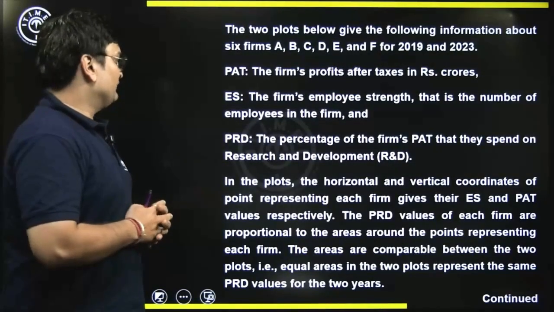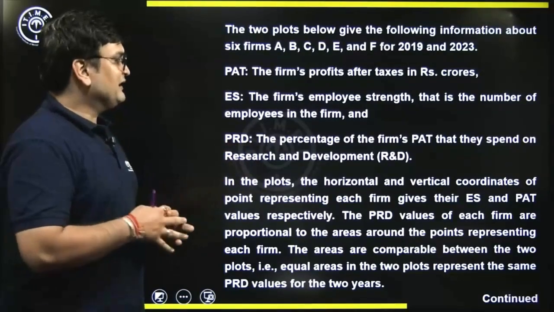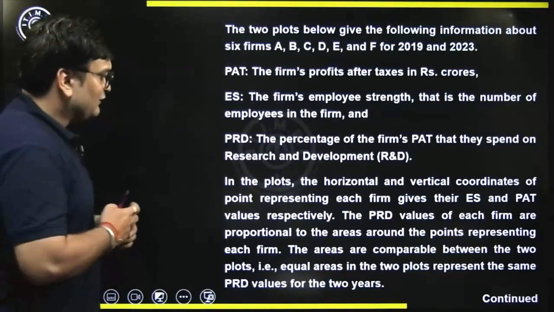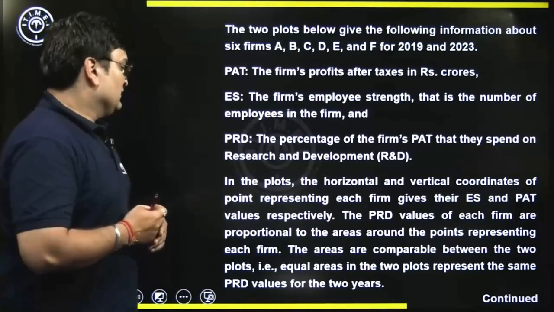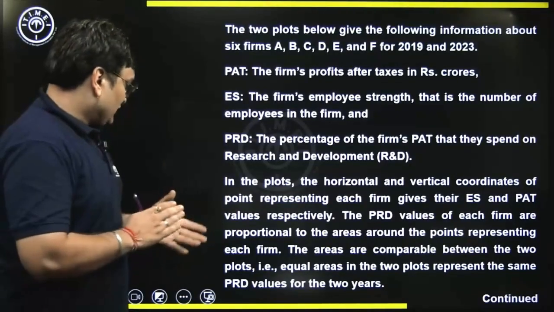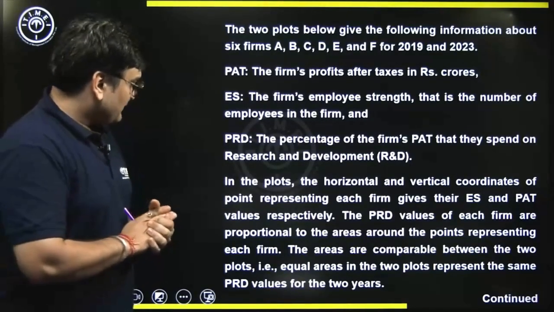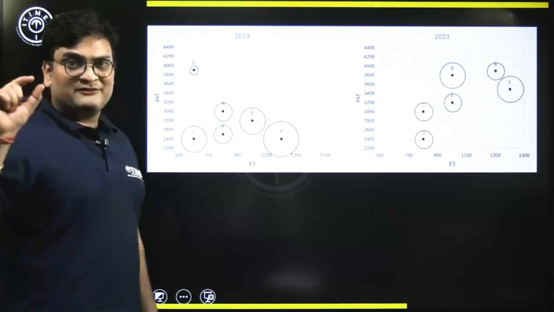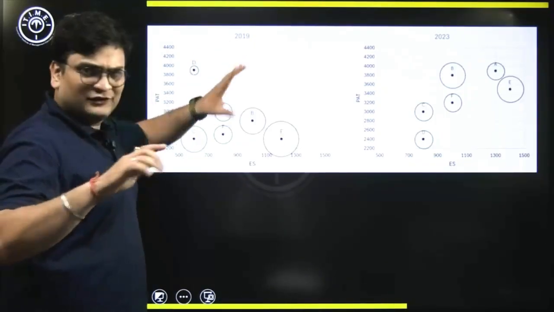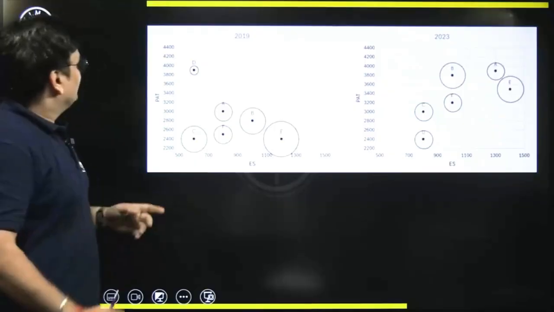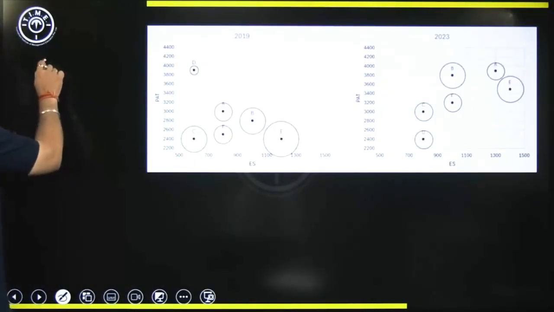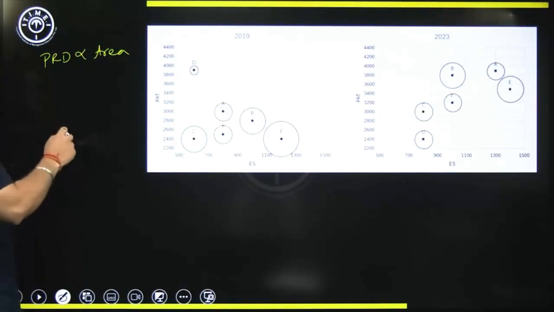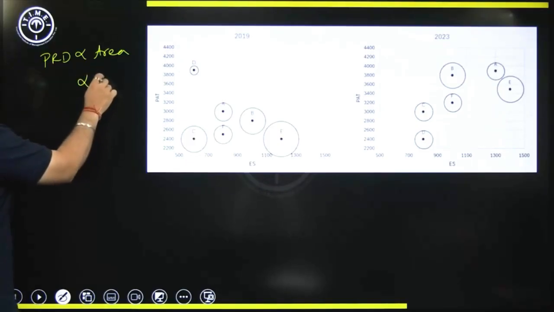The PRD values, the percentage of PAT on R&D, of each firm are proportional to the areas around the points representing each firm. The areas are comparable between the two plots, that is, equal areas in the two plots represent the same PRD values for the 2 years. But please note, he is not giving us the PRD percentage value for any of the circles, but he says the PRD value is proportional to the area, and we know the area of a circle is pi r square, so it is proportional to radius square.